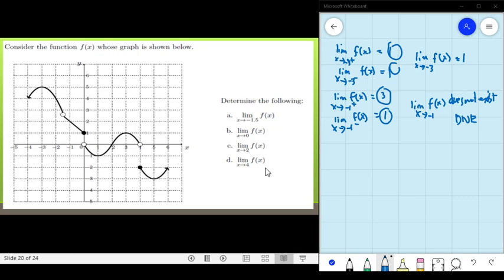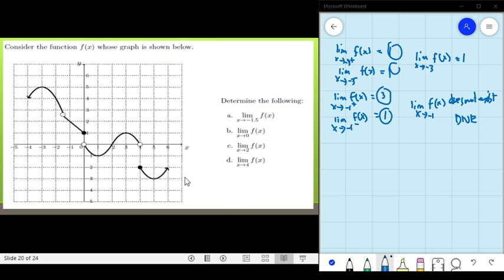And lastly, in this given example, the limit of f of x as x approaches 4. So, from the left of 4, it reaches 0, the y is 0.